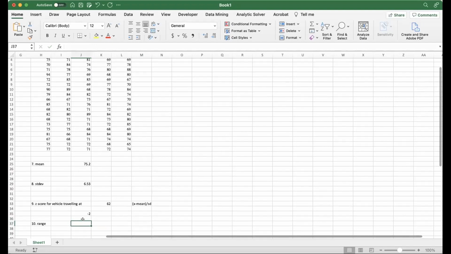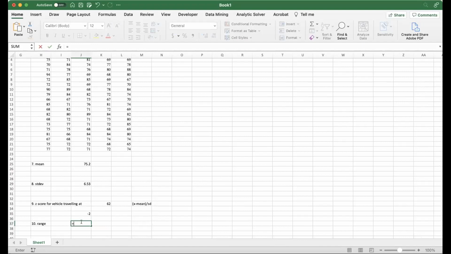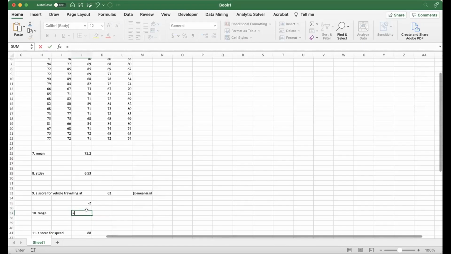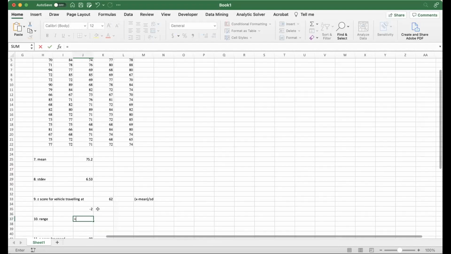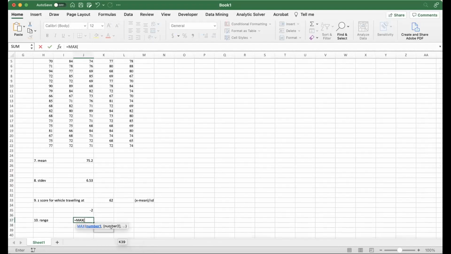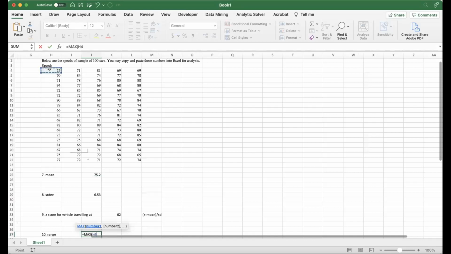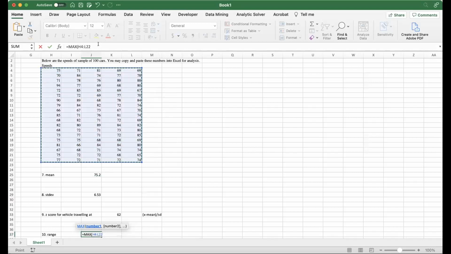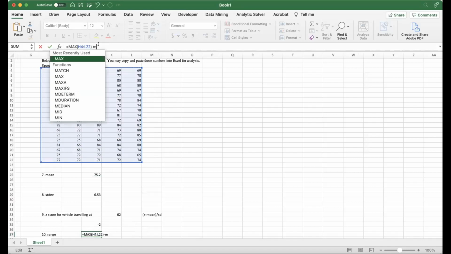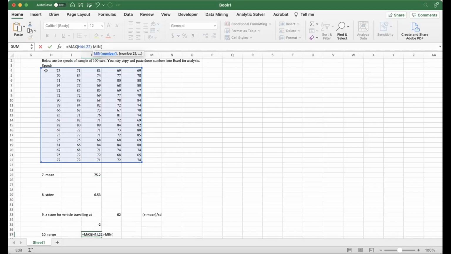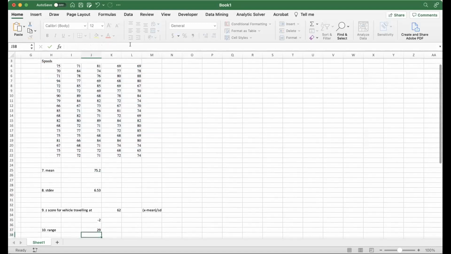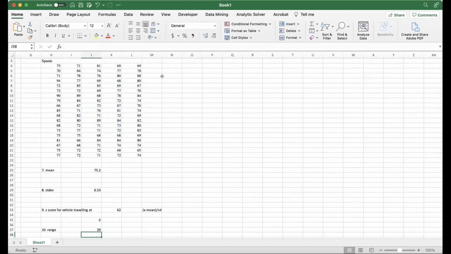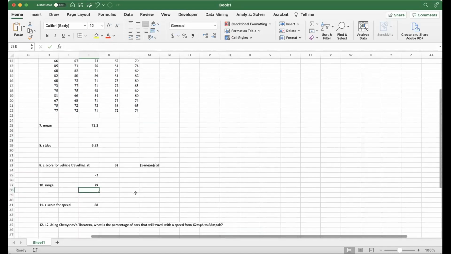But Excel has a very easy equation that we can use that gives us the answer within seconds. So we can do equals max and put all of our data in, and then minus min and all of our data. And when we do that, we get 29. So the range is 29.